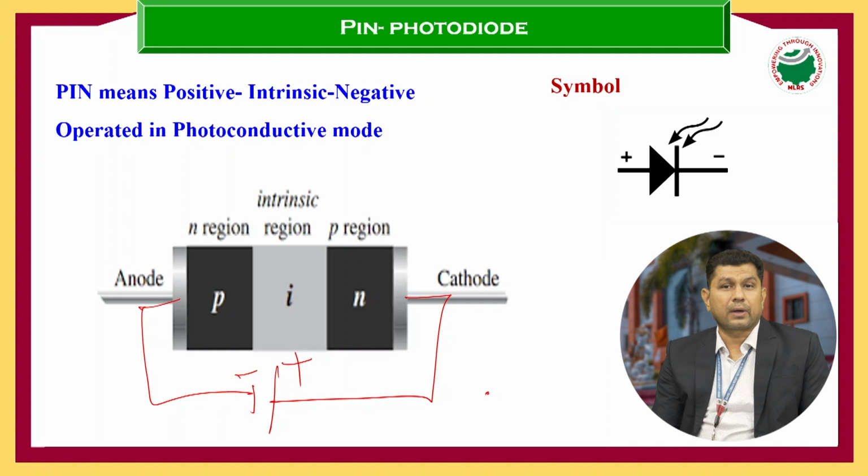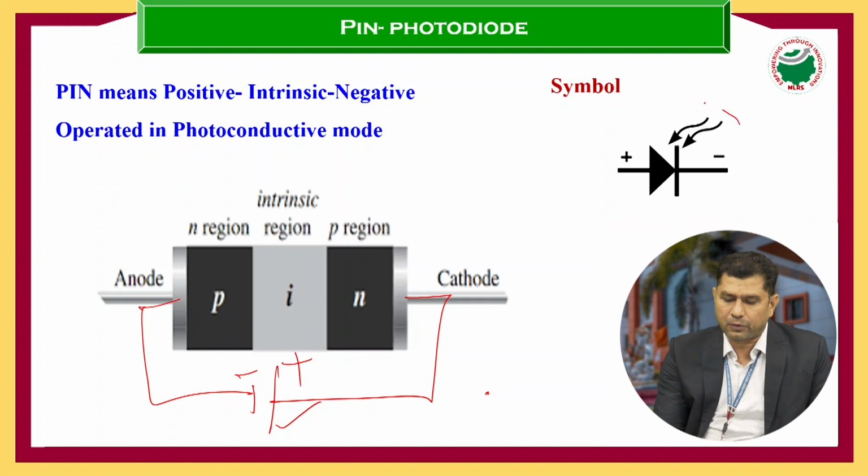But whenever we consider a photodetector or photodiode, we usually operate in reverse bias.